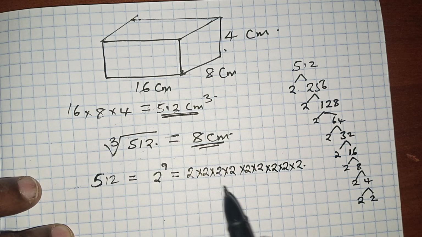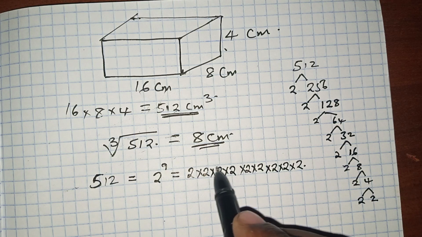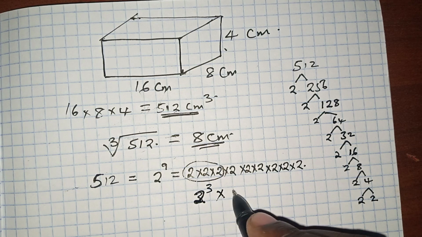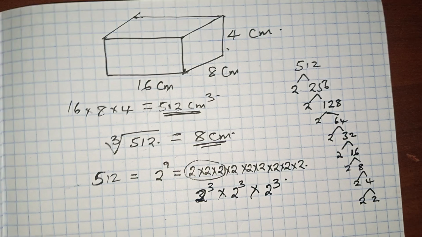And if you arrange them into threes, each one of them making a cube, you will have 2 cubed times 2 cubed times 2 cubed.